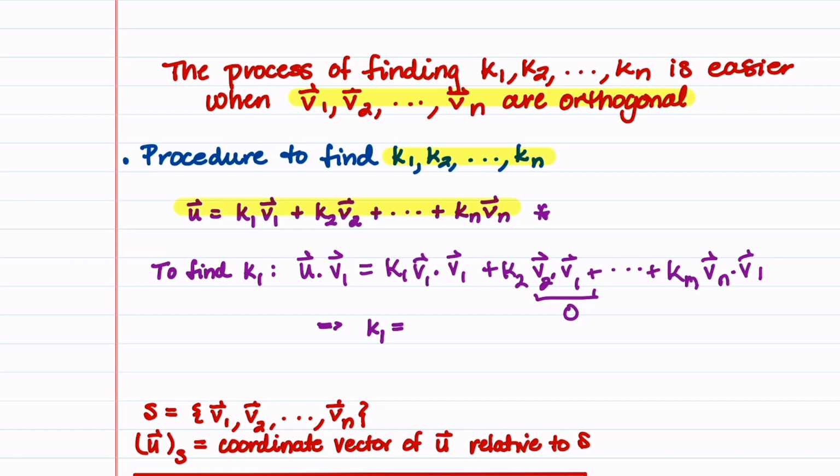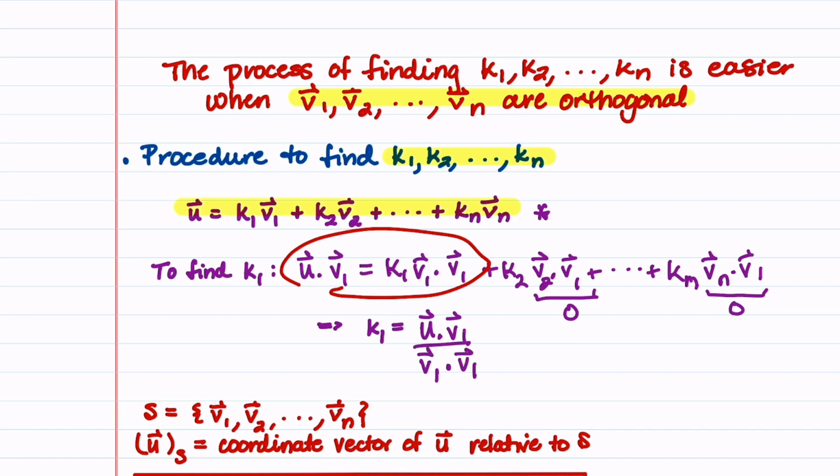Same thing with all the other vectors. These are orthogonal. So that just leaves us this part of the equation, and we can then solve for K1, and we write K1 as U dot V1 divided by V1 dotted with V1. To find K2 all the way up through Kn, we would do that same type of procedure. To find K2, we would dot that equation with V2.